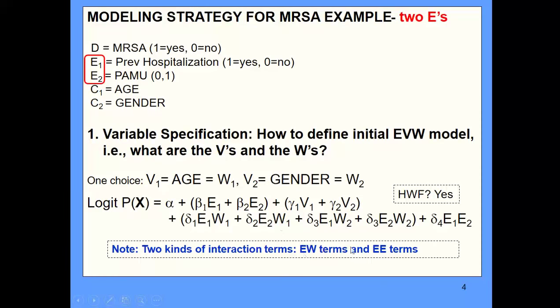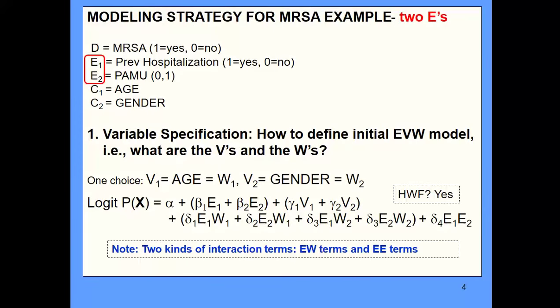In any case, that means you have different kinds of E's and different EW's, and this set of terms is essentially a way of writing these four product terms: E1W1, E2W1, E1W2, E2W2. That's what that is. It's not that bad, really, if you think about it. You just have to work with it.